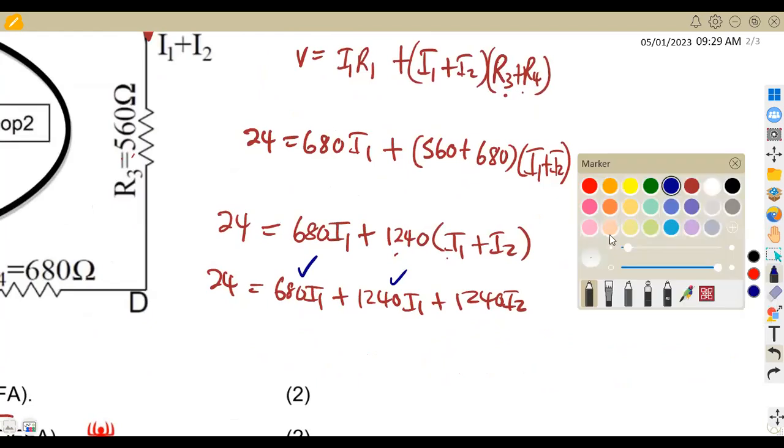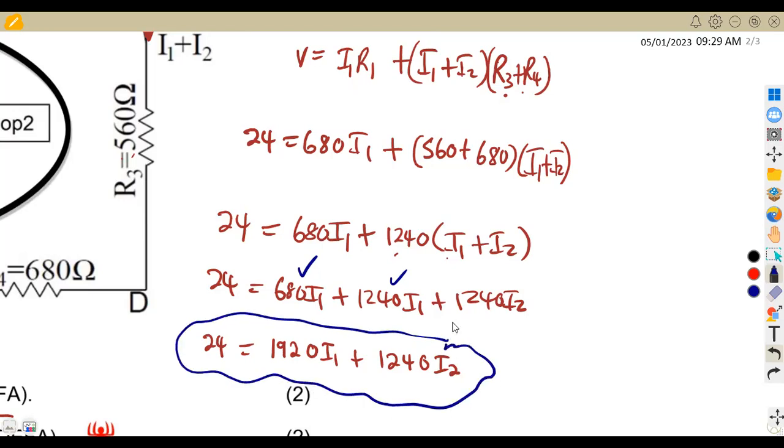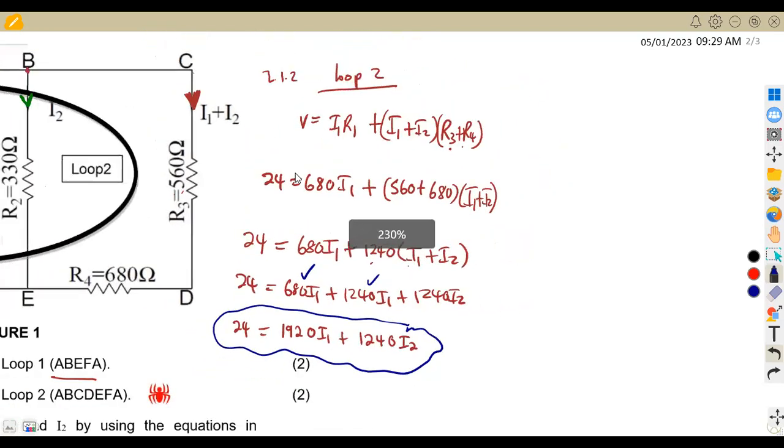If we simplify properly, 24 is equal to 680 plus 1,240, we're going to have 1,920 I1 plus 1,240 I2 like this. All right, so this is what we are going to have on our second equation, or the second part, which is from loop 2 in this case.